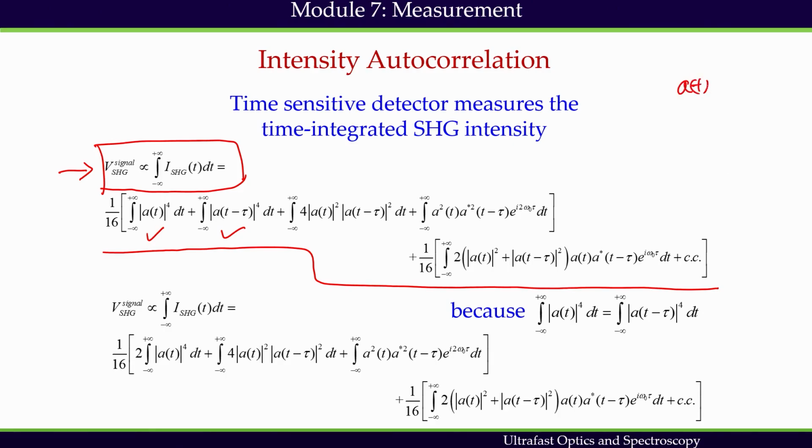A(t) is the field envelope of the input beam. We have to first square it to get the SHG field, and then I_SHG, the intensity of the SHG, is going to be the square modulus, which is nothing but A(t) to the power 4.